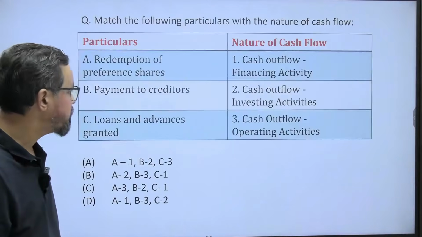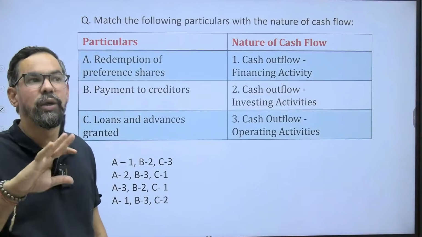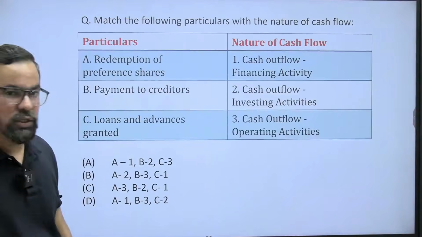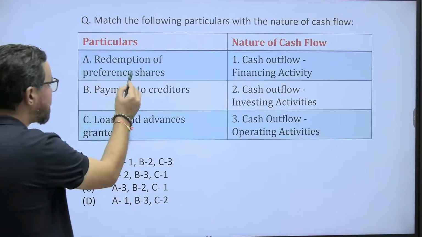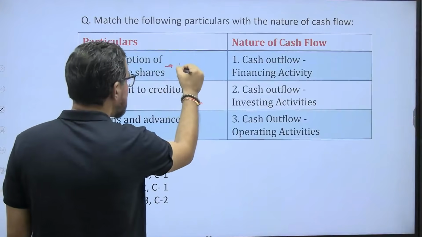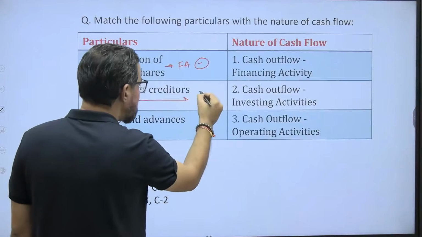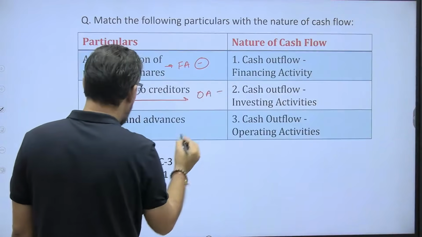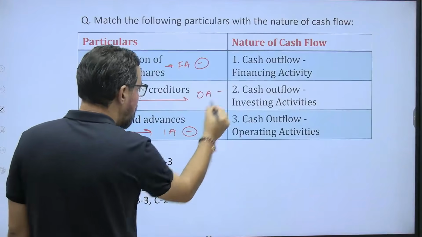Next one. Exactly this type of question, I have shown you in the introduction session of module B also. So match the following. Particulars: redemption of preference shares, it is financing activity and outflow. Payment to creditors, operating activity, outflow. Loans and advances granted, investing activity and outflow. All entries are outflow.